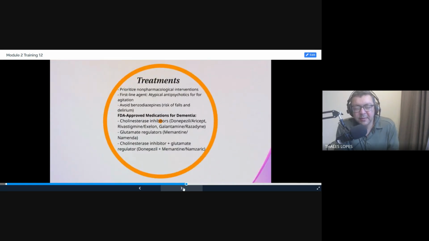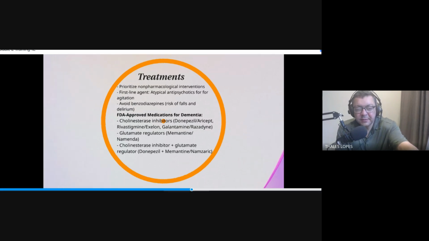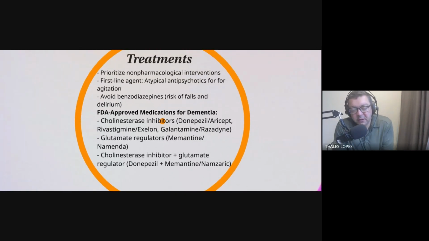Okay, so the treatment. Remember, treatments will not cure dementia itself, but they help slow it down or at least stabilize it in some ways. So for dementia treatment, what we want to do first is non-pharmacological interventions. The first-line agents are atypical antipsychotics for agitation.